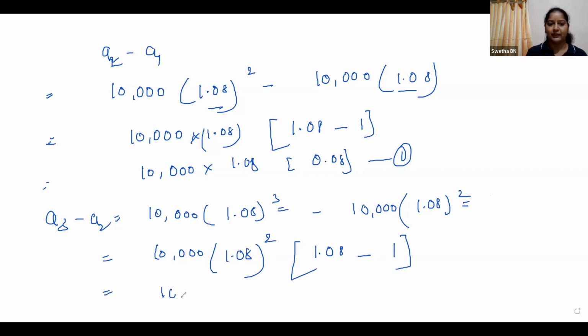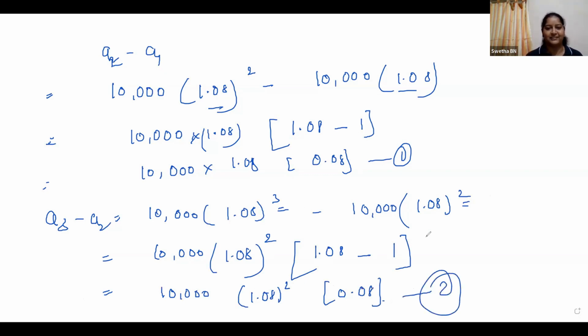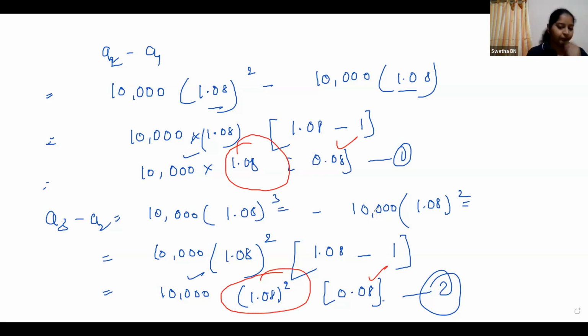That is equal to 10,000 into 1.08 whole square into 0.08. Is it same or different? Observe carefully. They are different, right? 10,000 is same and the 0.08 is same, but here we have 1.08 whole square. So the common difference is not same.